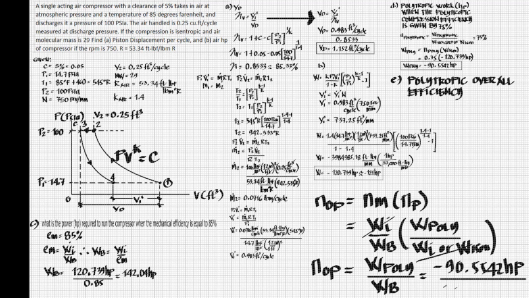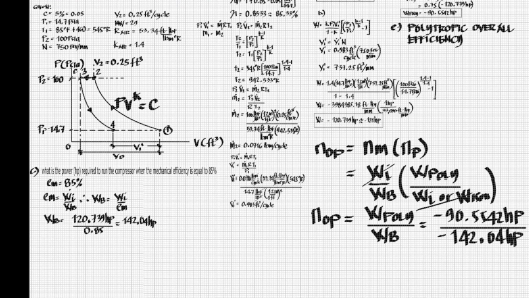Again, as I said earlier, it will also have a negative sign, just noting that the negative sign indicates the direction. So to cancel, I can put here also a negative sign. So we have here 142.04 horsepower.